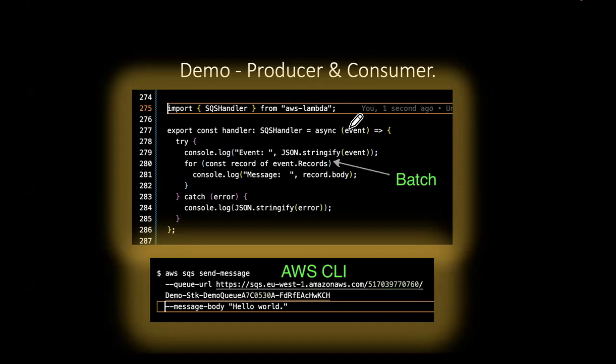The other type we had was a Lambda that was being triggered by API Gateway. That handler had a different type associated with it because the internals of the event object would be different for an API Gateway triggered Lambda as opposed to an SQS triggered Lambda.